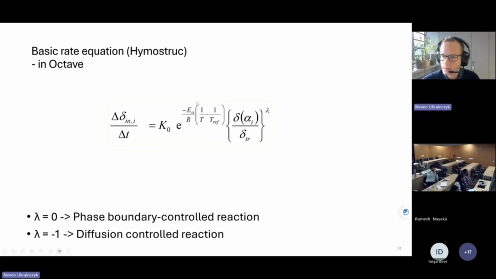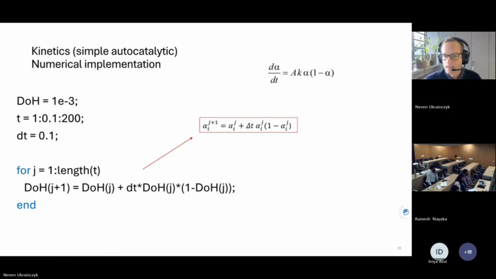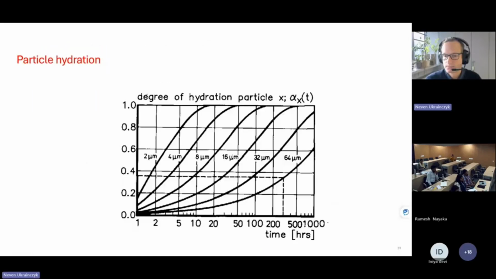Here you also have the Arrhenius, and this is the equation I took in Octave, which is actually now in Python. This is the part we can model in Python later in the tutorial. I will explain this later in the tutorial.